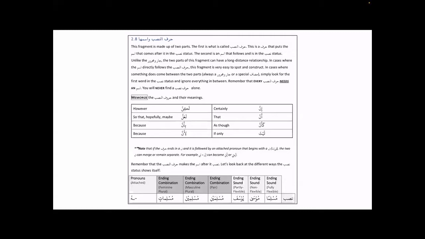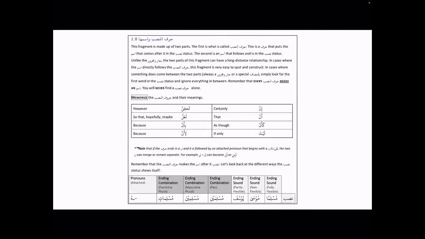So harfu jar job was to make next ism jar in status. And today we are learning harfu nasab fragment. The job of harfu nasab is to make ism, whatever its ism is going to be, in nasab in status.